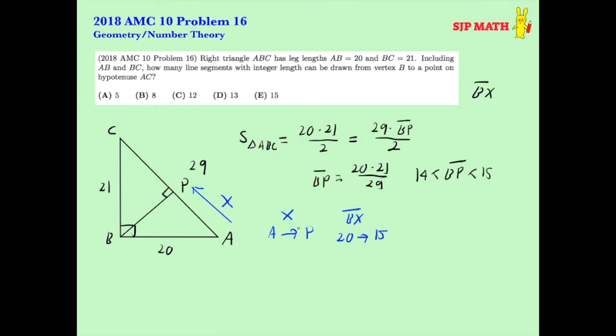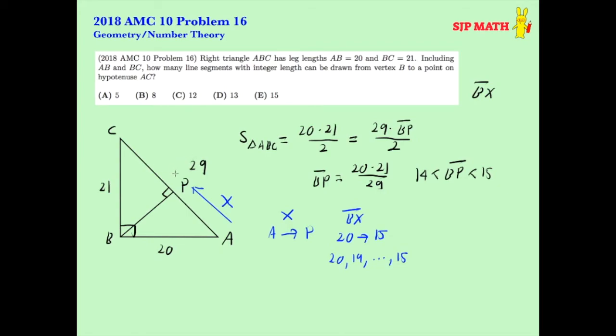As X moves from A to P, the length of BX is going to hit all the integer values, 20, 19, all the way up to 15. There you go. So now let's deal with the other case.